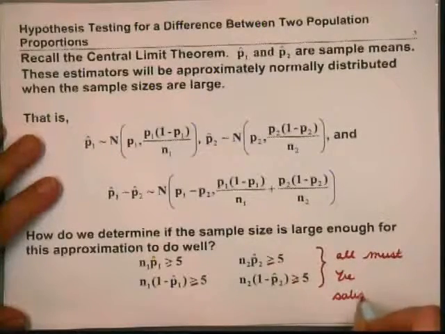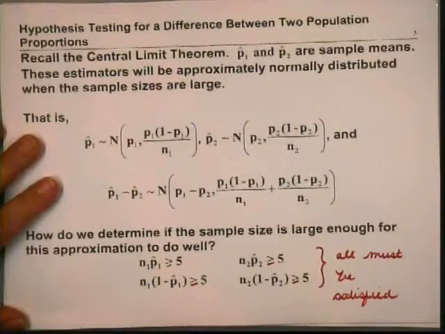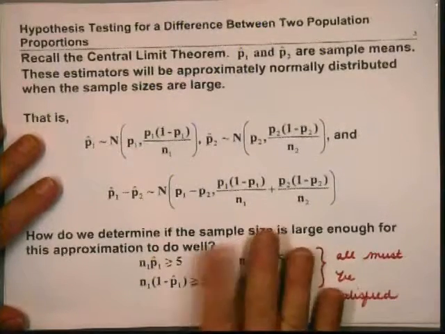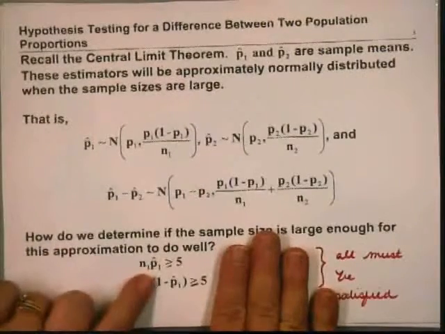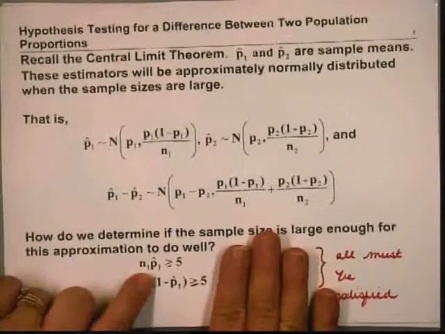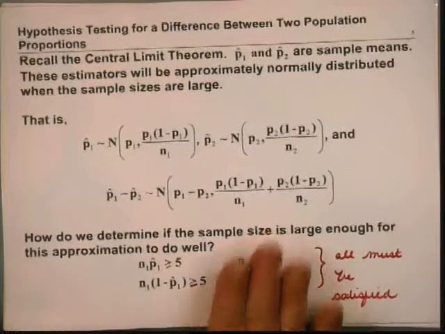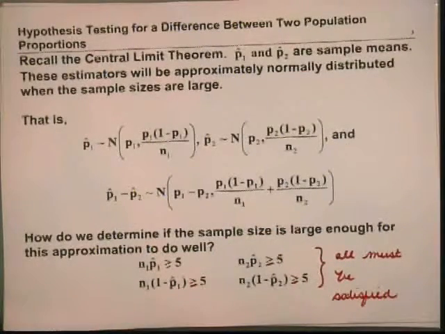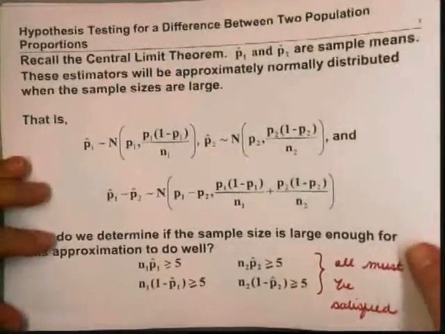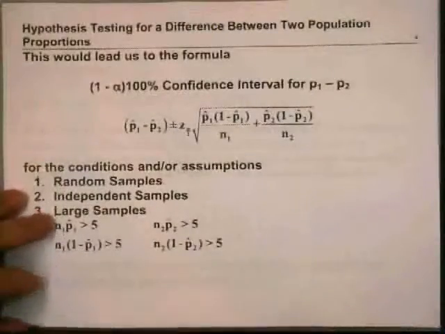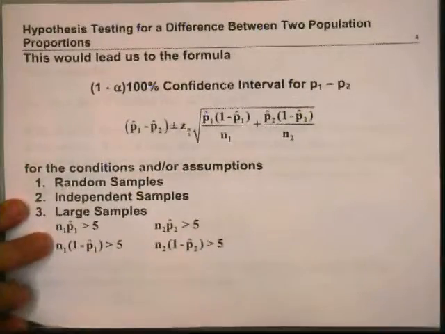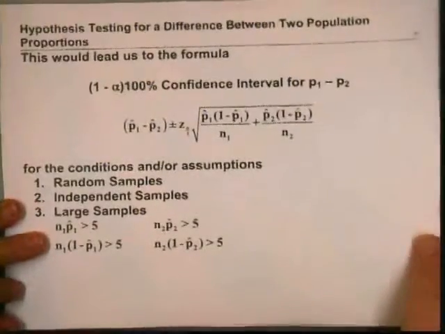So remember, in the case for just a single index, this is saying if our proportion is very close to 1 or very close to 0, we need a lot of information to do that well. And so we'd have to do that well then for both of our samples.